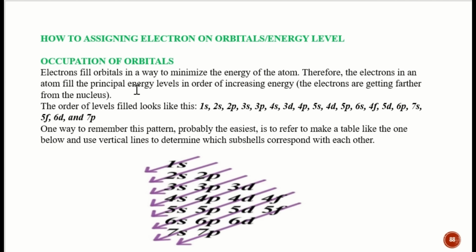We want to see how we can assign electrons on an orbital when writing out an electronic configuration. We said to do that, you can use what we call a flow chart. This flow chart allows you to tell the flow of the electrons within the orbitals. So let's see how it's done.